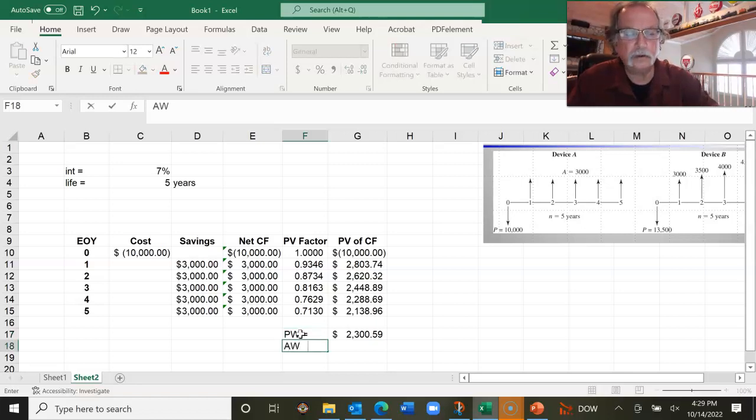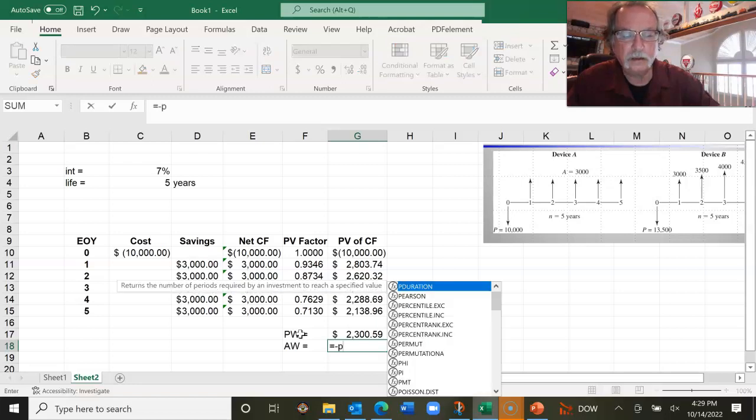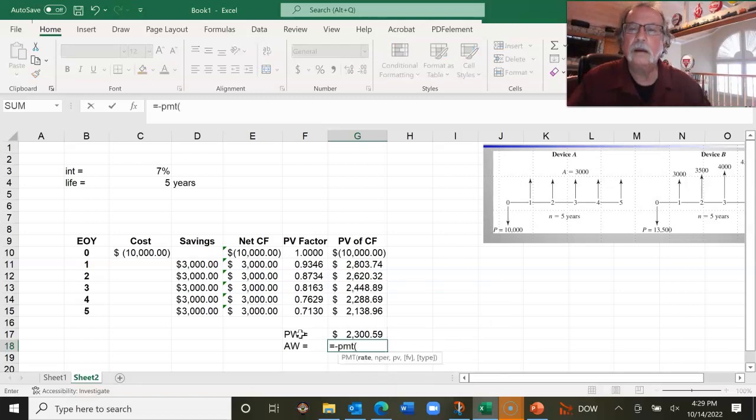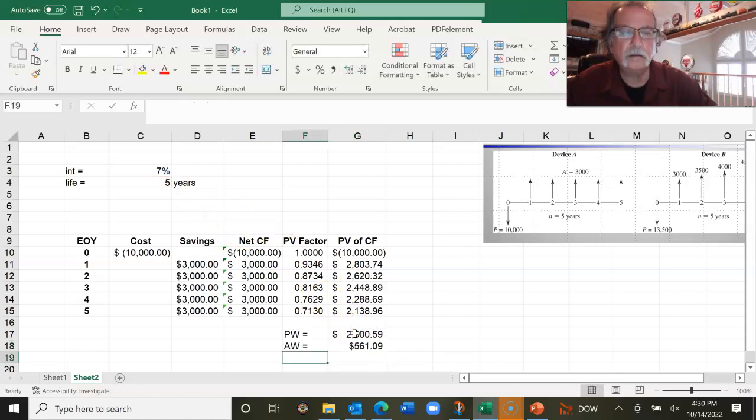The annual worth, we annualize with the payment function. So this is alternative A.